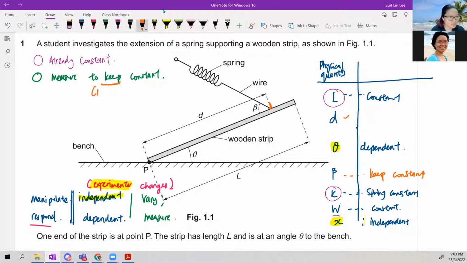So when we say keep constant, it means you have to monitor. Because as you can imagine, when I adjust the angle of the wooden strip, maybe I accidentally also adjust beta. So I actually have to adjust the spring when I adjust the wooden strip so that beta is kept constant. Okay, it's the thing that you need to be aware of and monitor throughout the experiment.